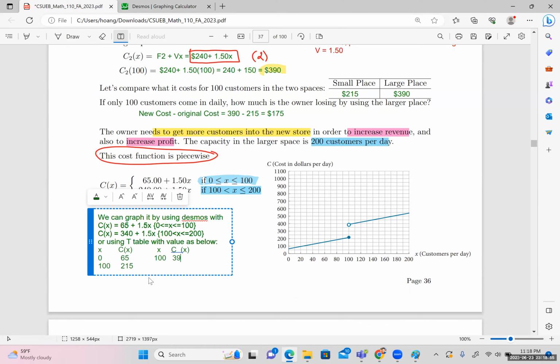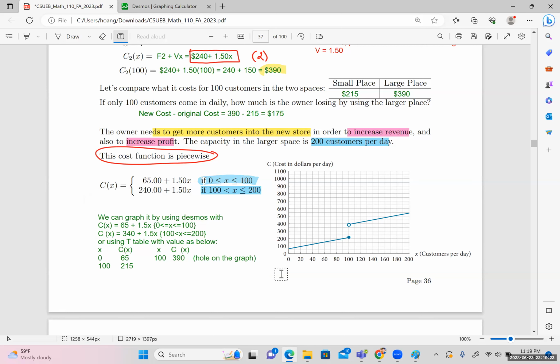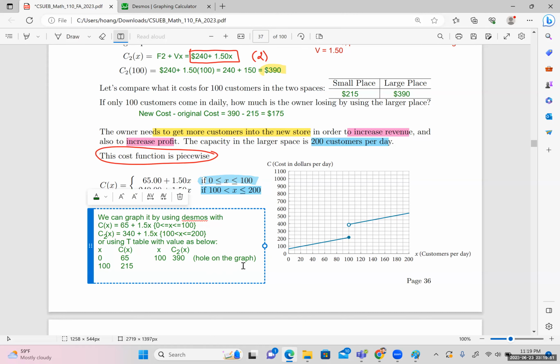So let's make a hole on the graph, because in the requirement for the second one, the last value will be, say, 200 and 540.